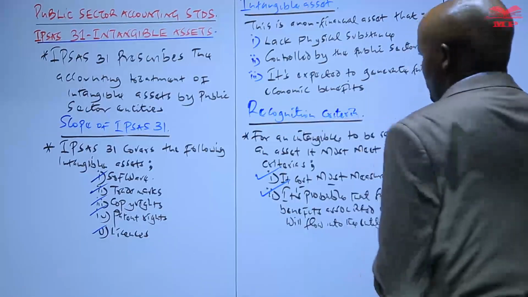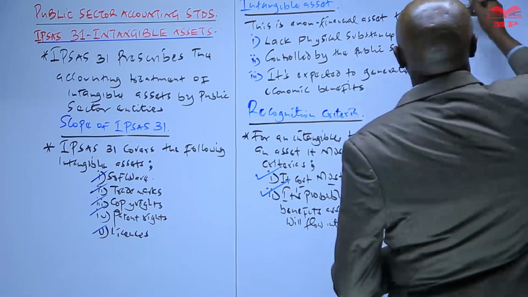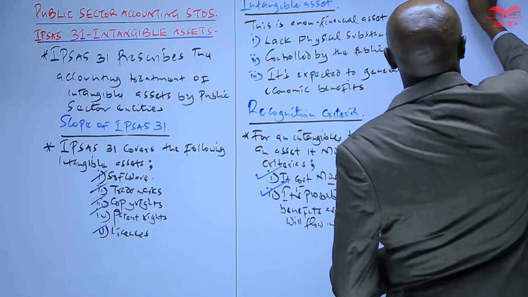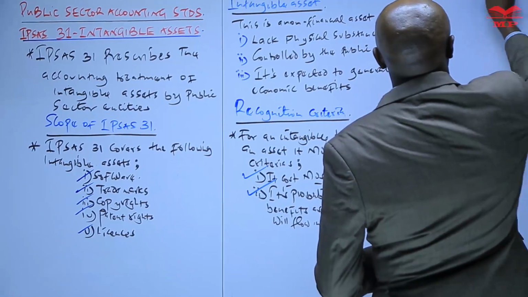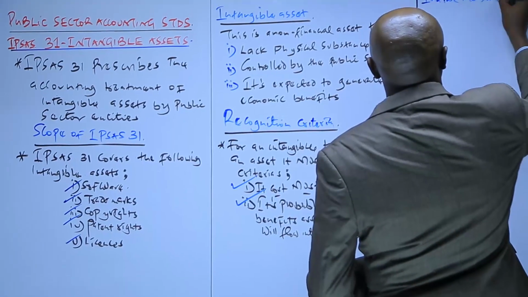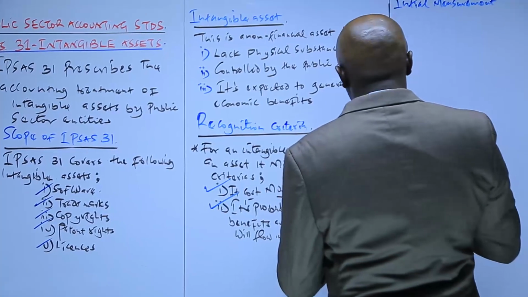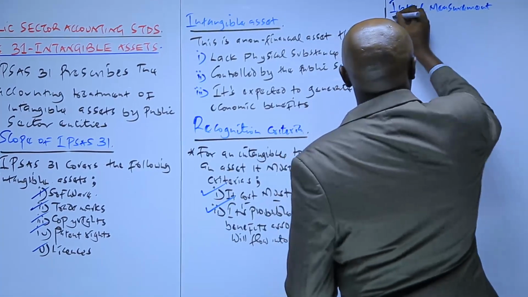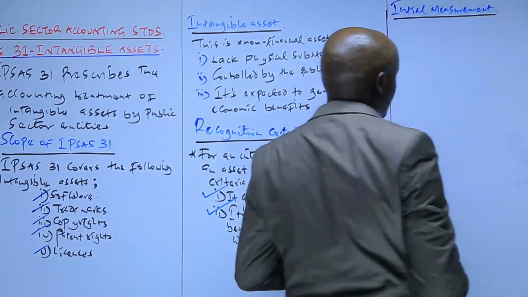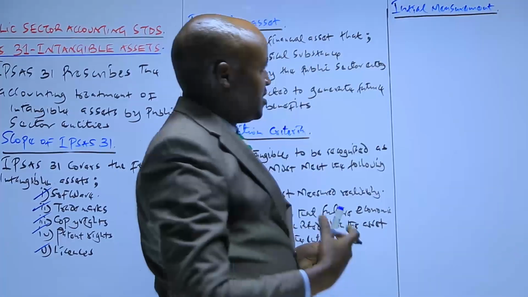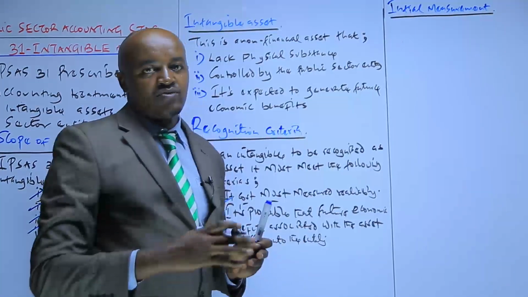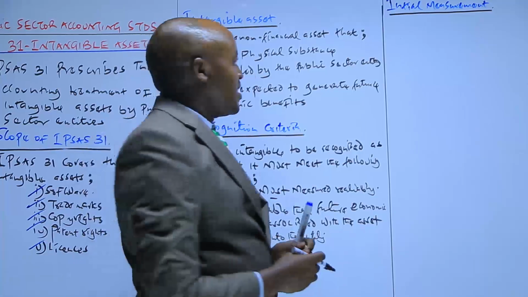Then next we can look at the initial measurement. Initial measurement is all about the value at which the intangible asset should initially be recorded in the books of accounts of a public sector entity.